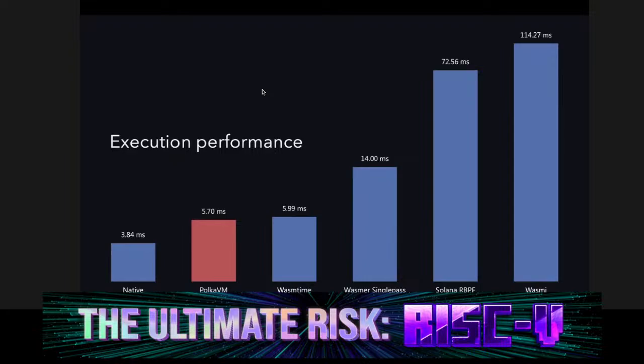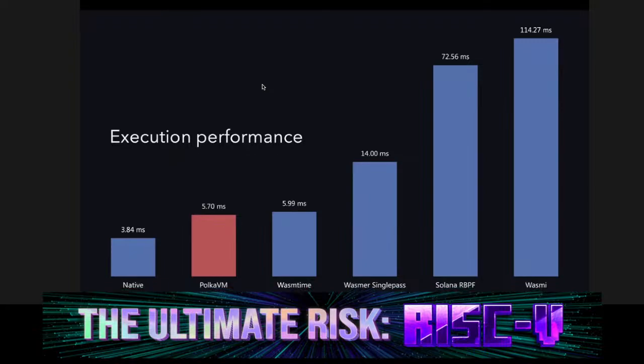They're using eBPF as their instruction set, and their performance is not that great. And in the last place, we have WASM, which I put here just for comparison, because this is an interpreter written in pure Rust. So this is essentially as fast as you can go, more or less, with an interpreter without any assembly tricks.